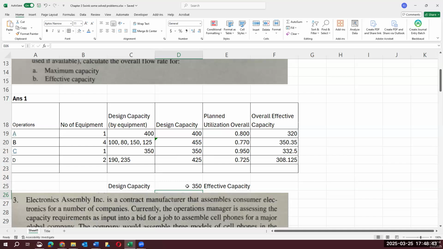And 350. And the same thing, you can just copy the formula here and apply it here, Control C, Control V, pasting, and it does the same thing. It just figures out the smallest number. So effective system capacity is 308.12. And that's problem 1. That's all they are asking you to do in problem number 1, I believe.